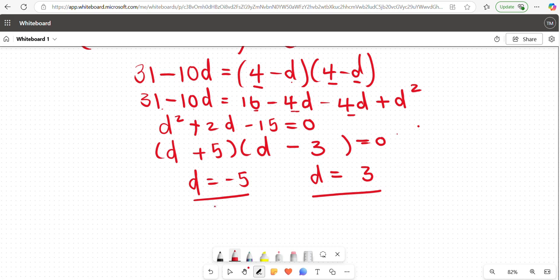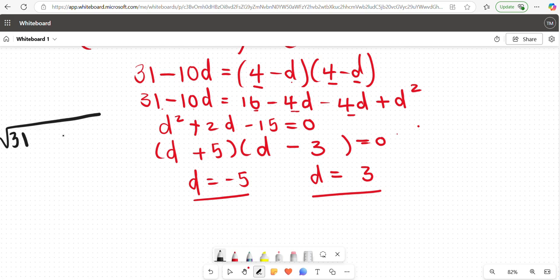But let me check these. Let me just quickly check these here on the side. If I check the first one, it was the square root of 31 minus a 10d is equal to a 4 minus a d. I think that's how our expression looked.